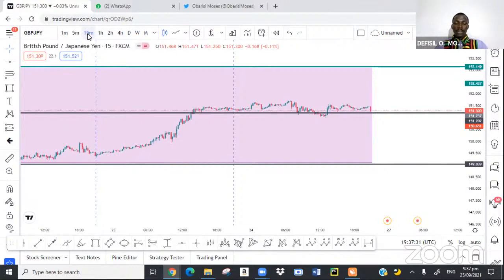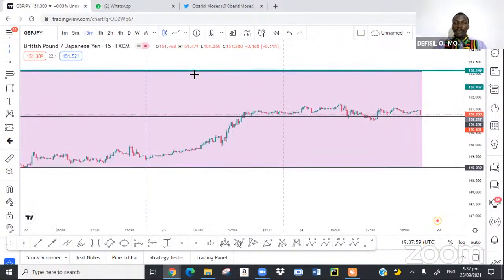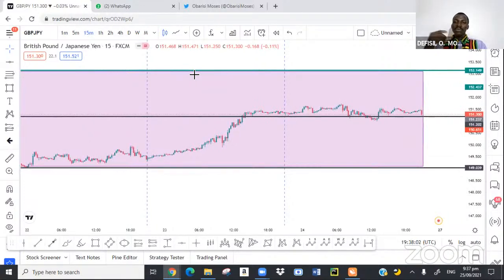Let's look at what can be done on the 15 minutes time frame. On the 15 minutes time frame, we have the market range.